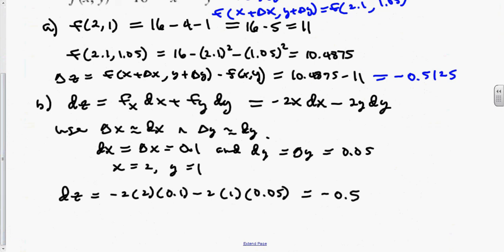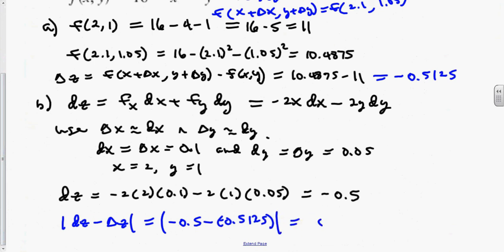That would be this: if you take the absolute value of dz minus the increment, so here we get the absolute value of 0.5 minus this negative 0.5125.